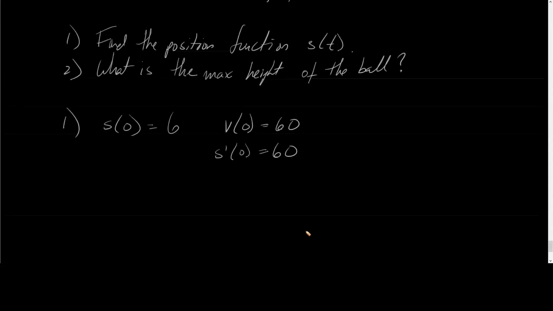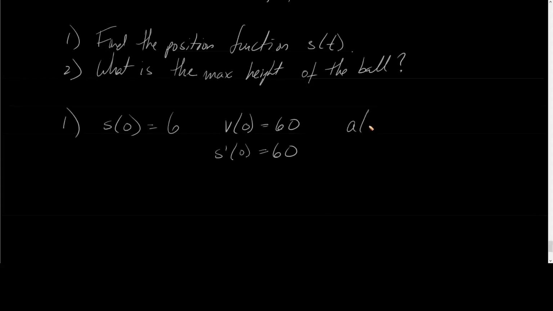And we need to find the position function s of t. So how do we do this? Well, what's affecting the ball at all times? The ball's being thrown up and down, and what's affecting it is gravity. Gravity is the acceleration.